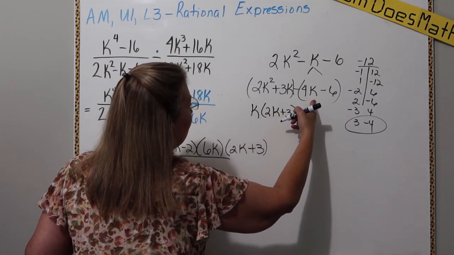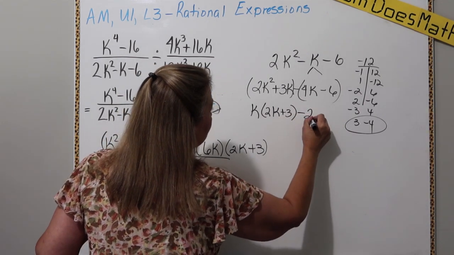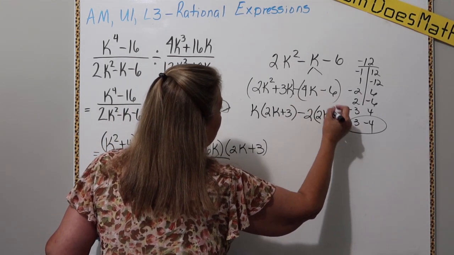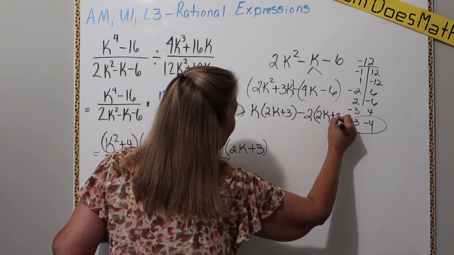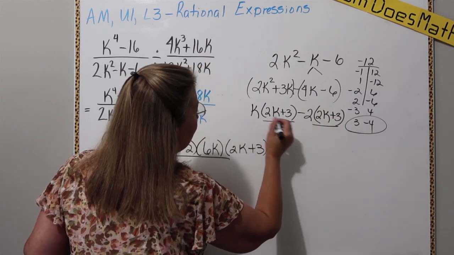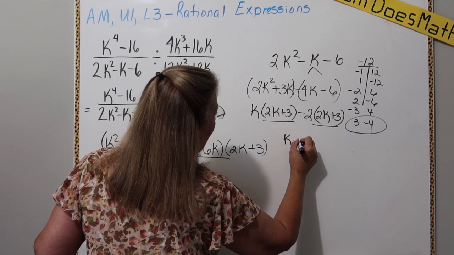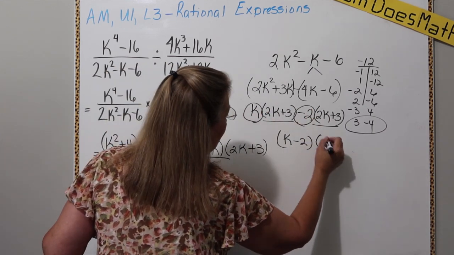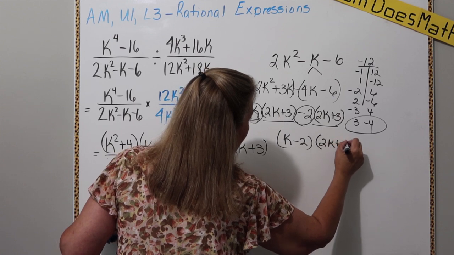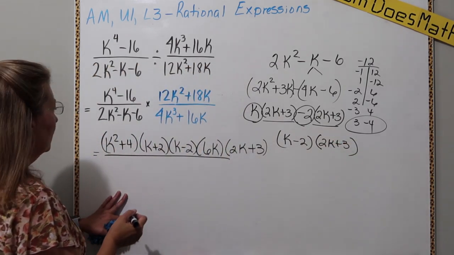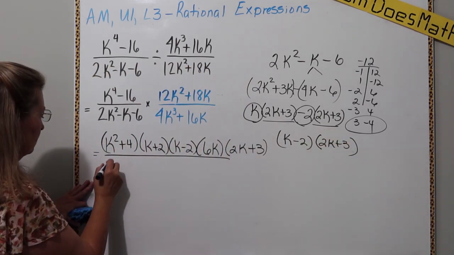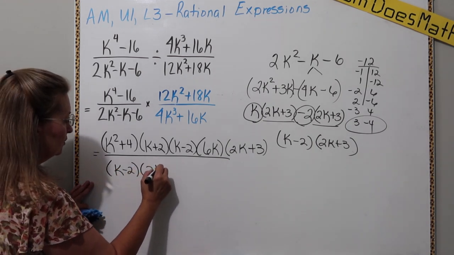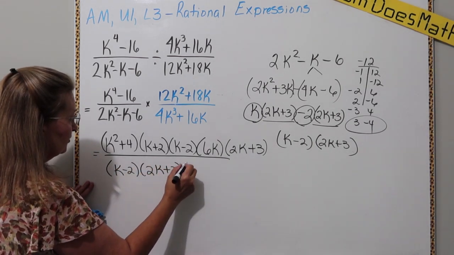Greatest common factor here, and this is minus, so it's going to be 2. When you factor it out, this becomes a plus. Now that these match, your new factors are k minus 2, made up of these 2 numbers, and your other factor is 2k plus 3. So let's come down here, and that's going to be k minus 2 and 2k plus 3.